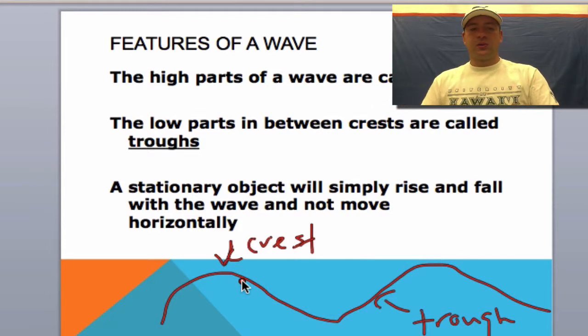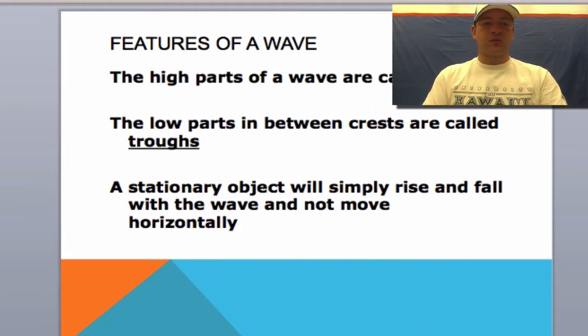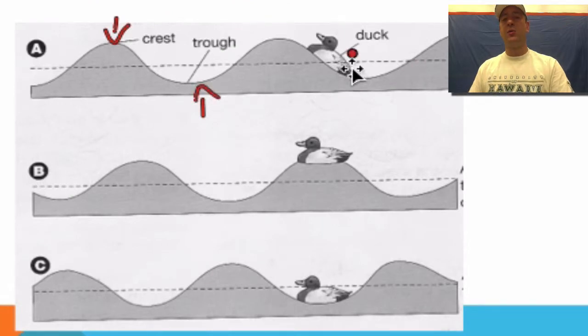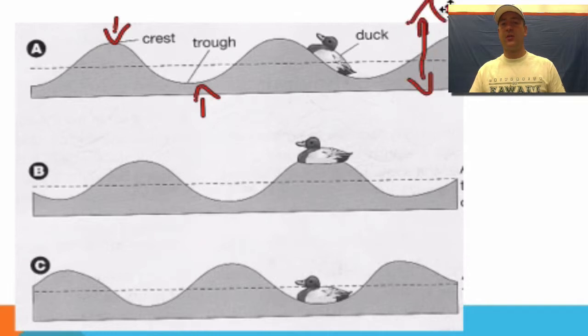So in this next picture, when I talk about the crest and the trough, you can see the crest again up top, see the trough below, they're labeled. We have a duck. Now what's going to happen with the duck is it's just going to move in the vertical position like such. It's not moving side to side.